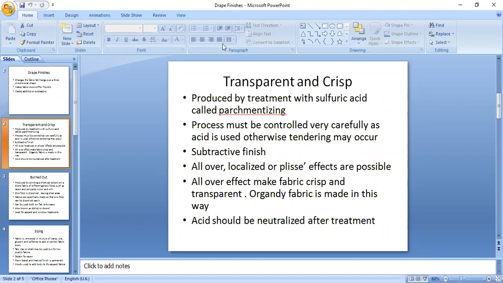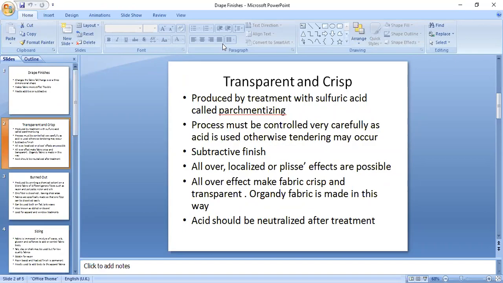Parchment effect in cotton fabric for apparel is produced by treatment with sulfuric acid. This is called parchmentizing. Now, what happens in parchmentizing is that acid dissolves cotton.